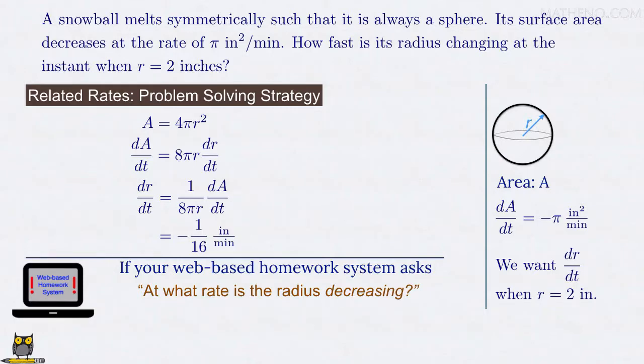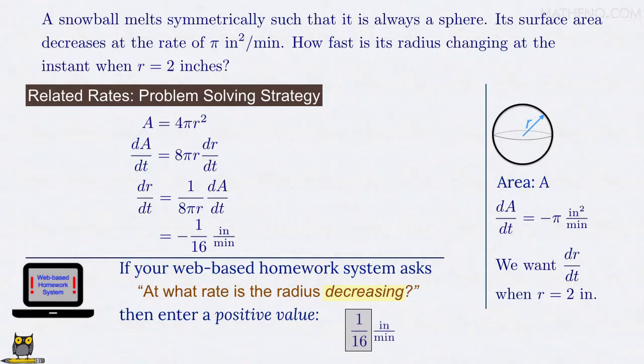The answer to how fast the radius is changing is negative 1/16 inches per minute, because r is decreasing. On the other hand, when the web-based question asks, at what rate is the radius decreasing, they've already taken that negative sign into account, and so you must enter a positive value, positive 1/16, to be marked correct by the system.